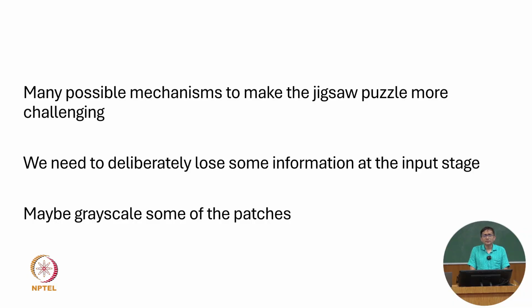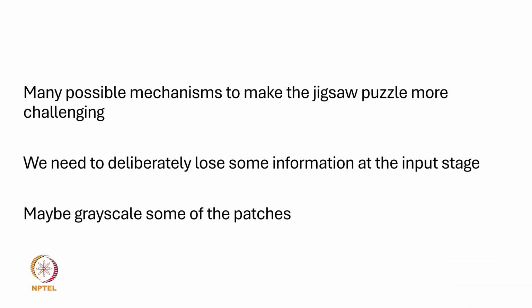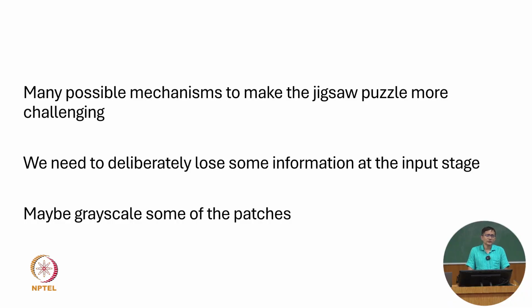What do I mean by grayscaling some of the patches? Let's say our input in this case is 3 channel. Different channels, they're carrying different information. However, instead of this 3 channel, if you feed just 1 channel, or let's say an average or a grayscale version of these 3 channels, then the model is getting less information for those patches, right?